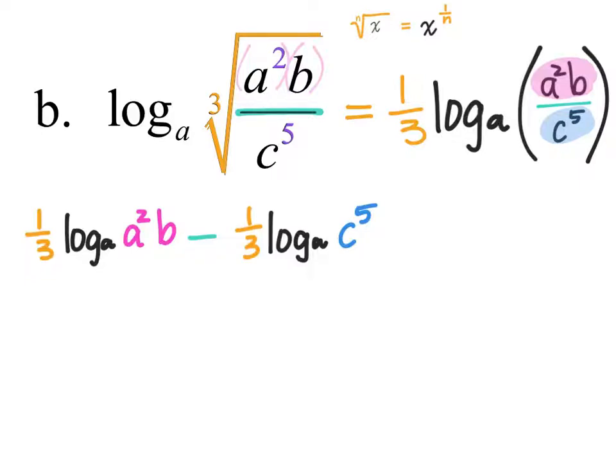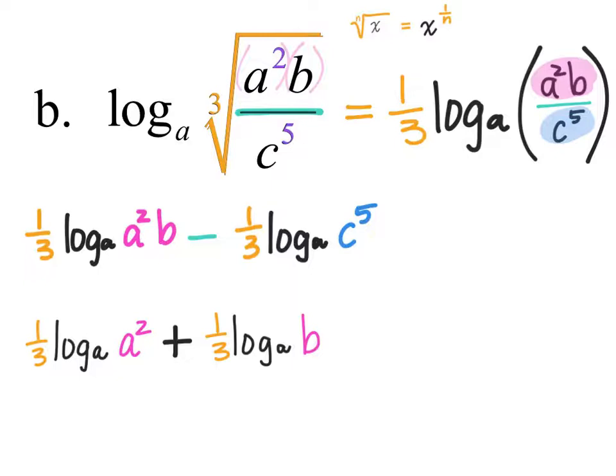Next, we're going to apply that product rule. So we're going to split that first expression apart into the sum of two logs. So we'll have 1/3 log base a of a squared plus 1/3 log base a of b, and then we'll still have minus 1/3 log base a of c to the fifth.